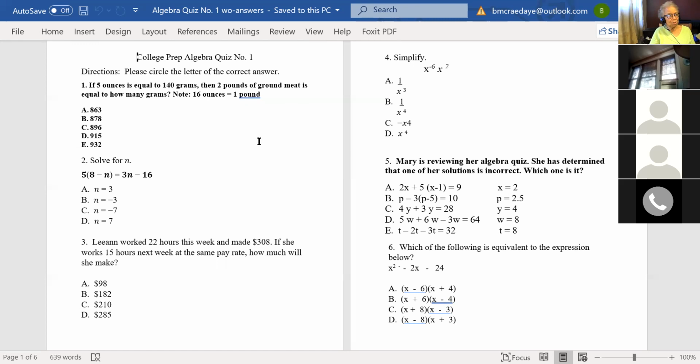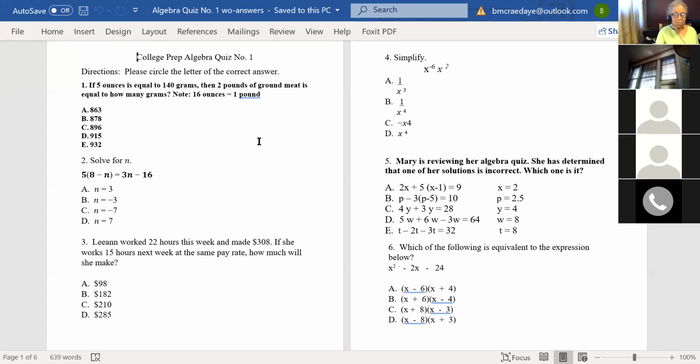Now, for number one, you can do ratio proportion, right? Can't you do ratio proportion on number one? That's one way of doing it. That's not the only way. Ratio proportion, you say?